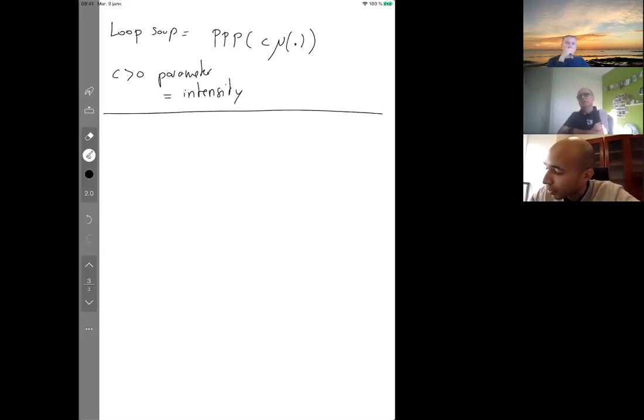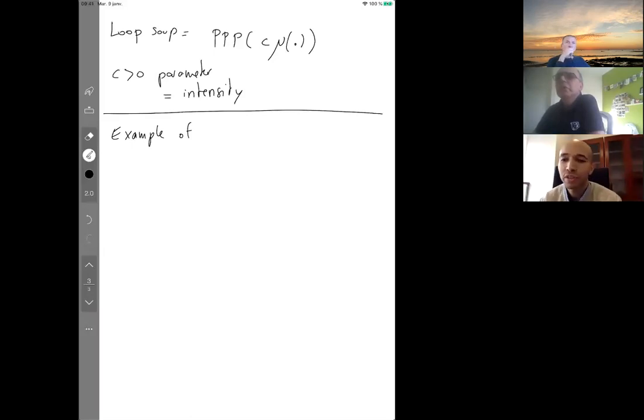So maybe I can look again at the example. Sorry, and these are unrooted loops, right? Yes, so you can see it as rooted if you want, or unrooted. But it's better to think how we could link the Poisson process to the original graph. If they're unrooted, you can't attach them.